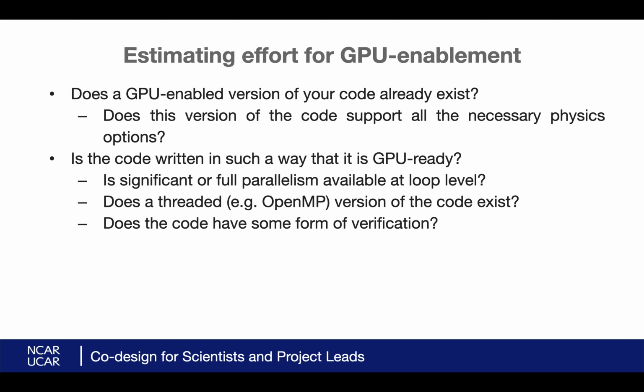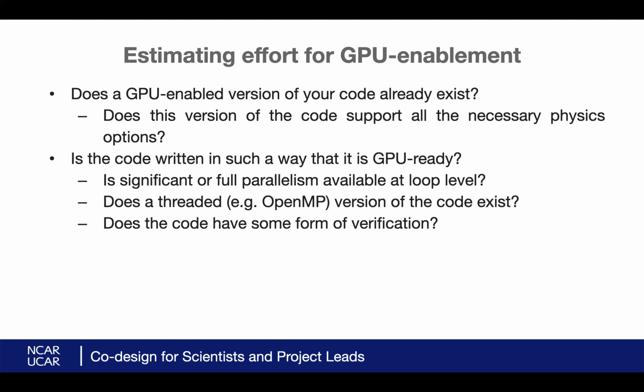So the first question that you have to ask yourself is, does a GPU enabled version of your code already exist? And this is great, because then the effort to actually use GPUs for your science is pretty simple, or it can be very simple.